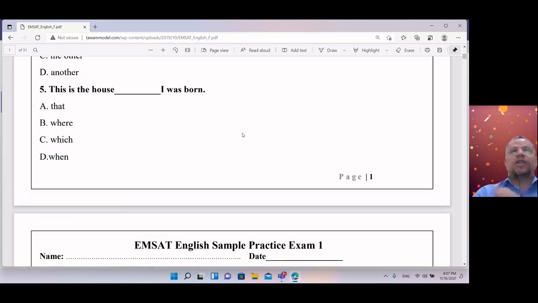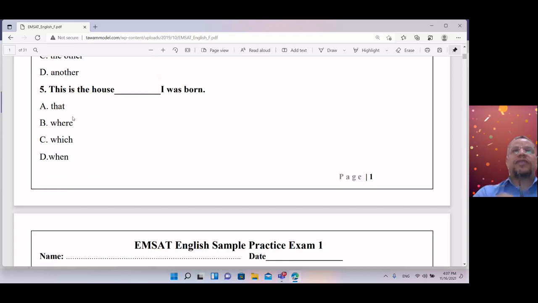The house I was born. The house is a noun and it's a place. If you have a place in the middle of a sentence, you have to follow it with where, the relative pronoun for place. This is the house where I was born. If you ask about a place, you use where.